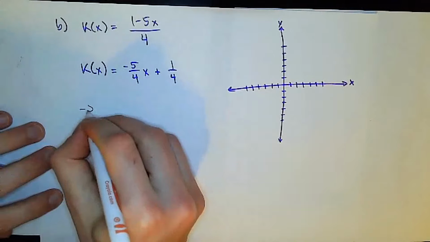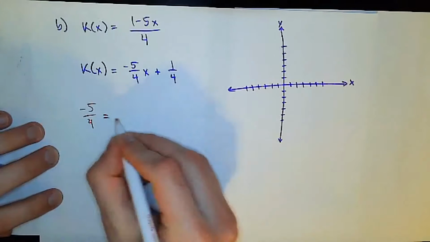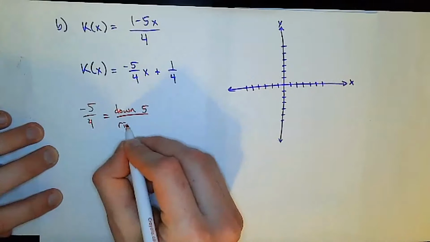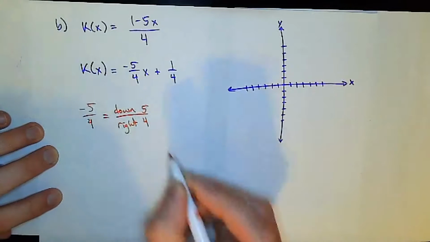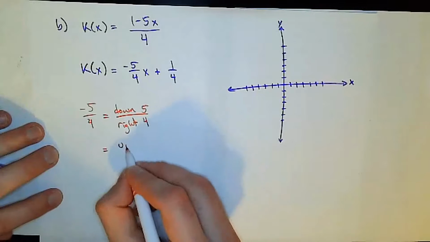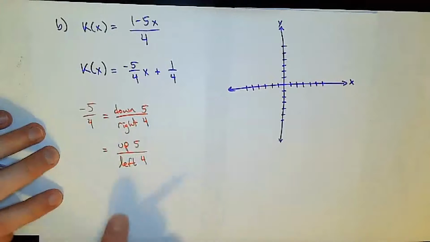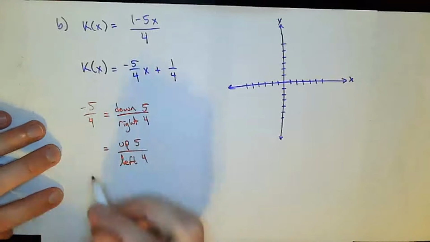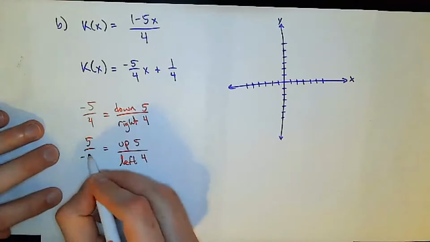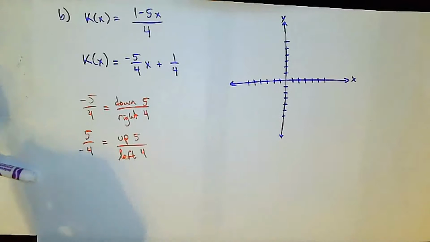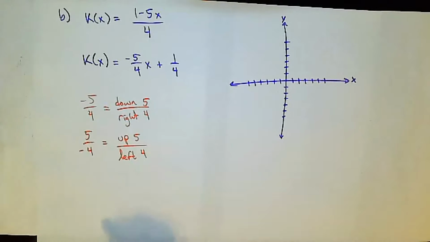When I see negative 5 over 4, I'm thinking down 5 and then right 4. Or I could go up 5 and left 4, kind of sticking that negative in the denominator. These two are the same, just two different points on the same line, so either one of these is legitimate.